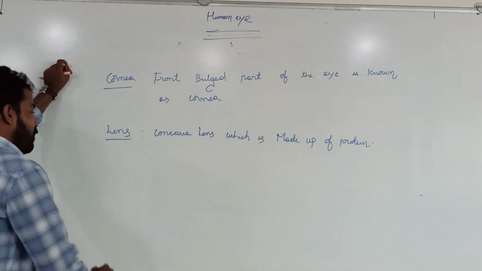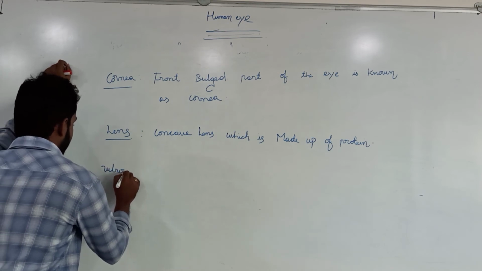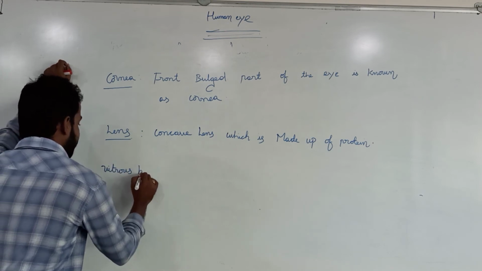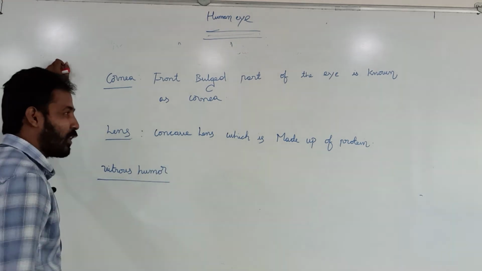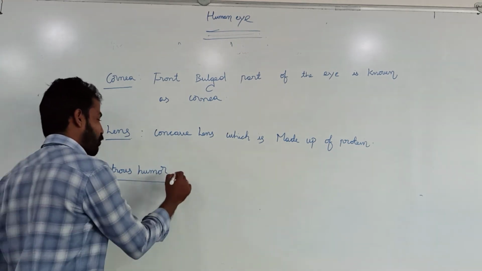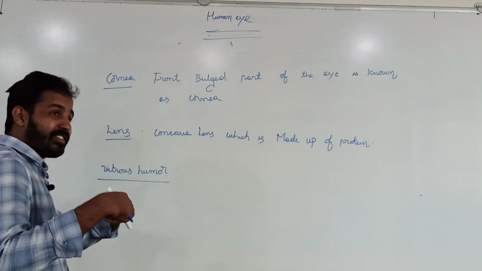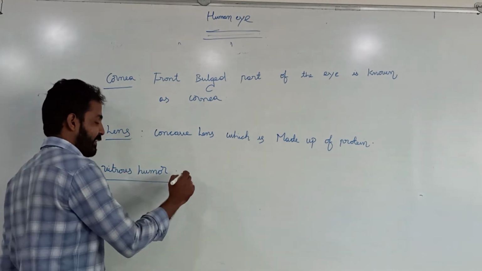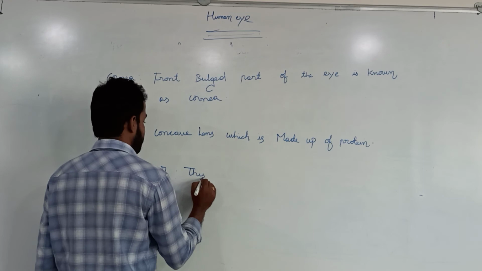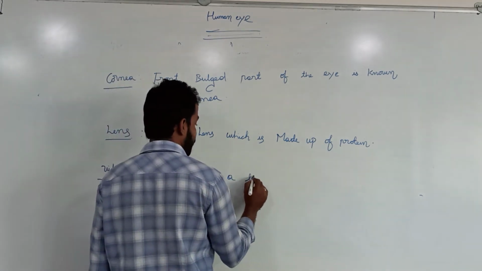The next one is vitreous fluid, or some people will call it vitreous humor. Anything you can call. So what is vitreous humor? It is a thick fluid where the refractive index goes on changing.